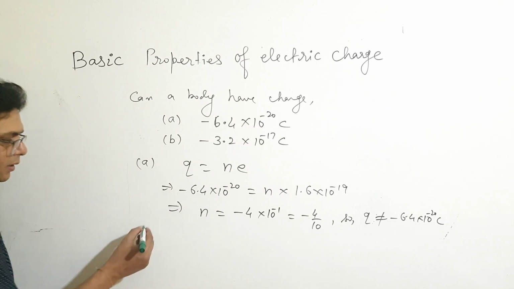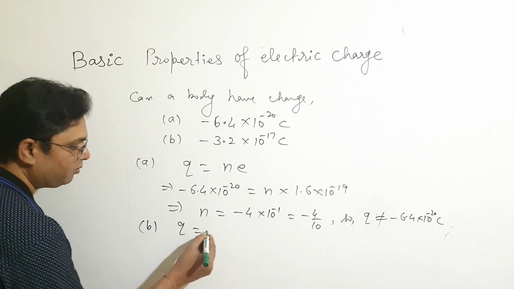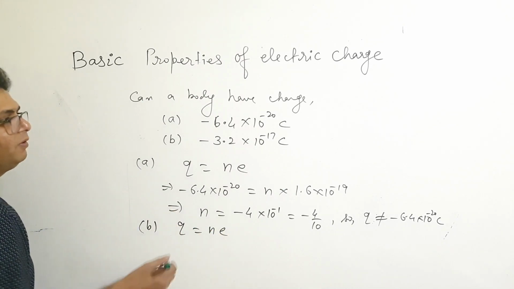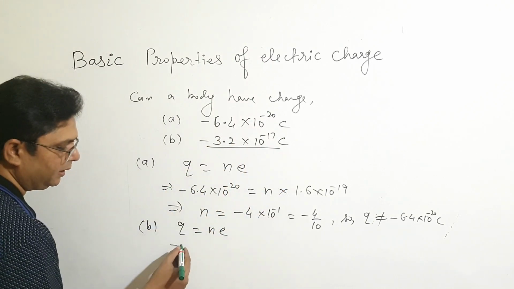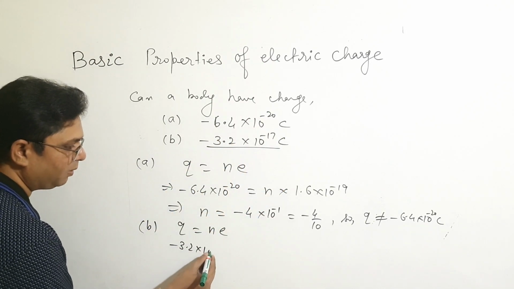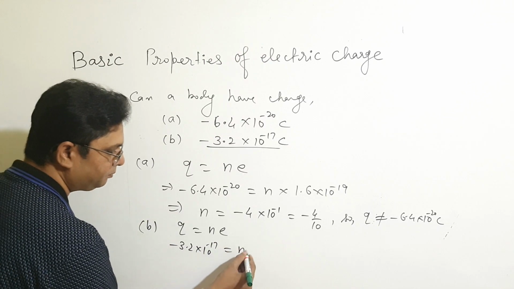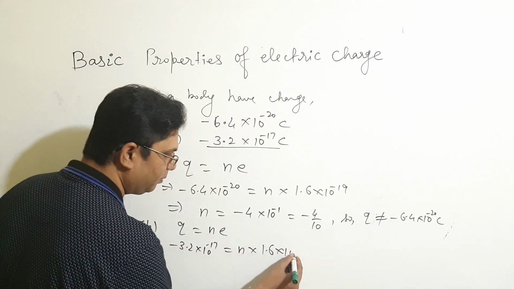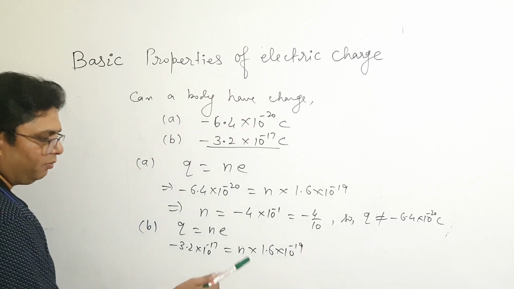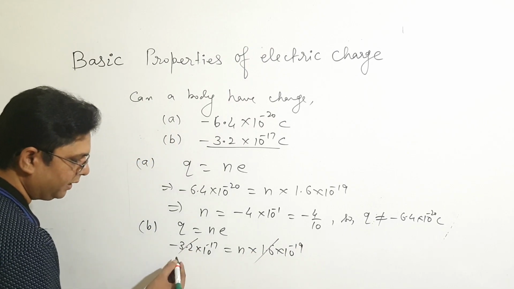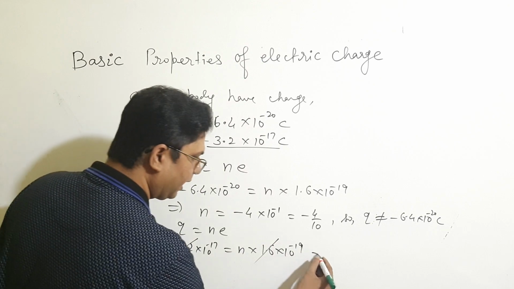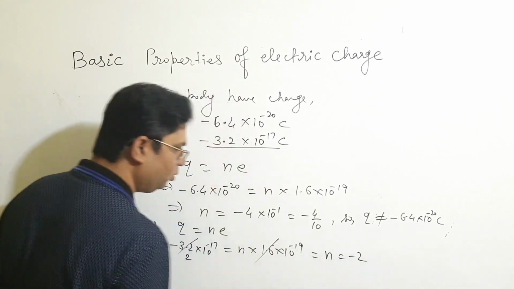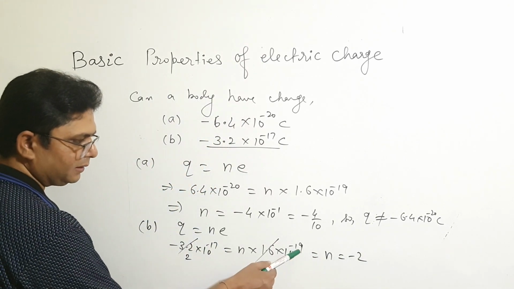Let us see the second part. Q equals n e. Here the value of Q is minus 3.2 times 10 to the power minus 17, and the value of e is 1.6 times 10 to the power minus 19.